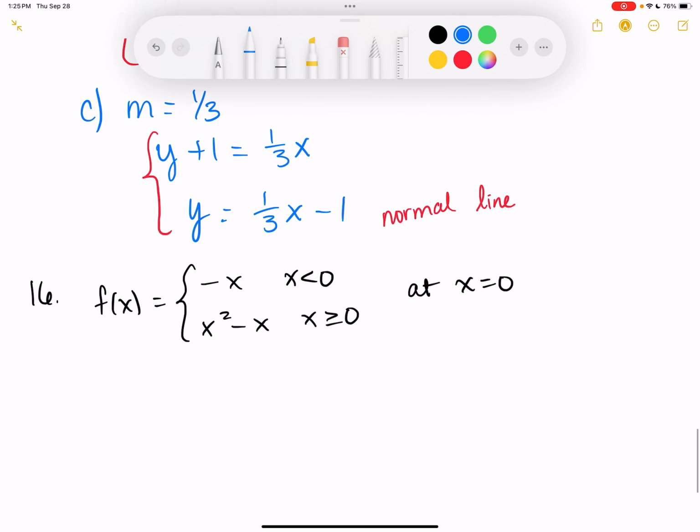So it'll make these problems slightly faster. So the limit as h approaches 0 of negative h minus, plug in 0, so it's just 0, over h.